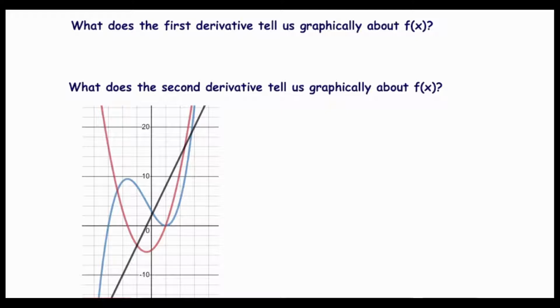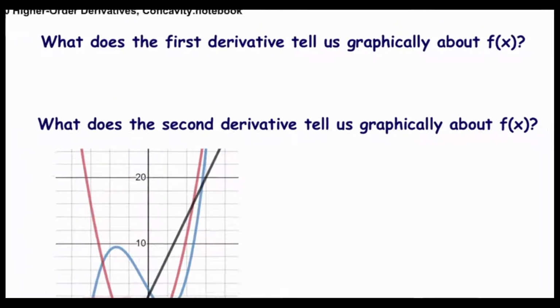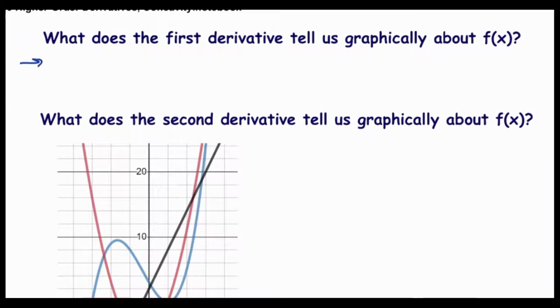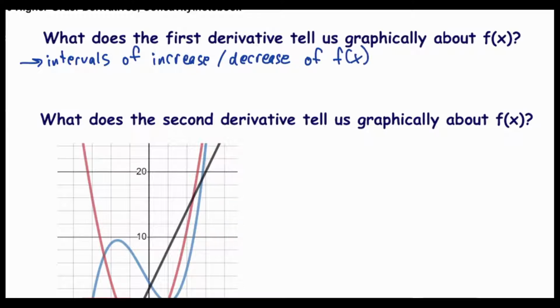What does the first derivative tell us graphically about f of x? Well, it tells us our intervals of increase and decrease. So it tells us where our graph is going up and where our graph is going down.